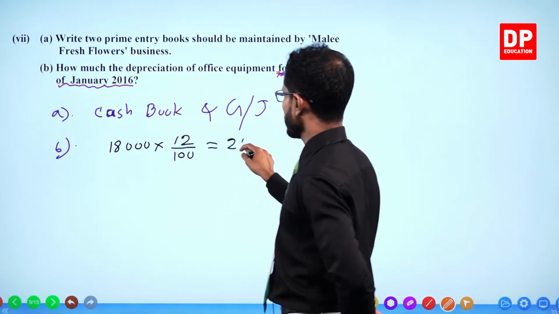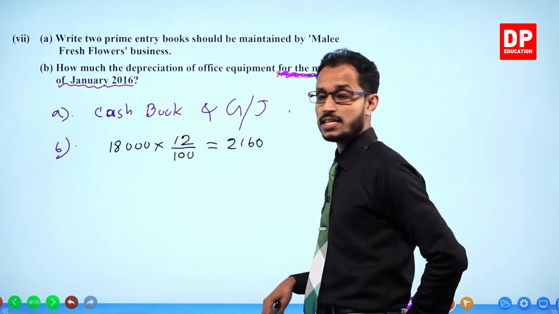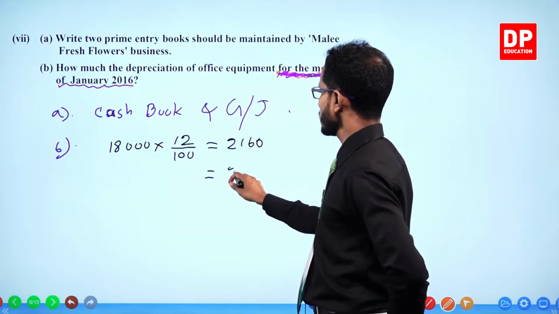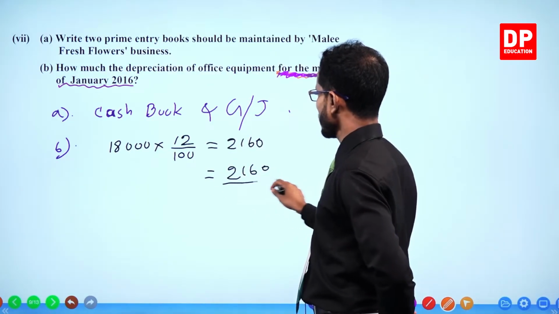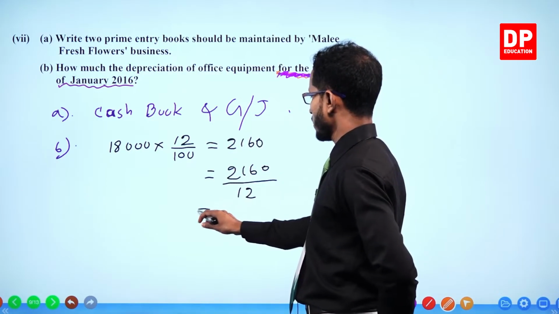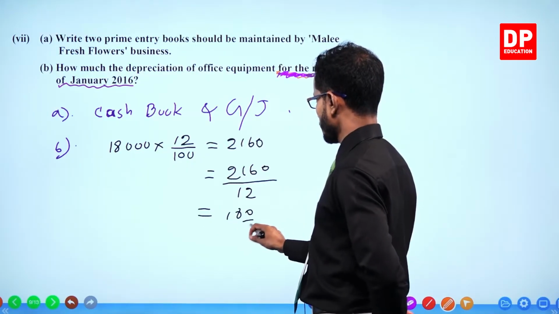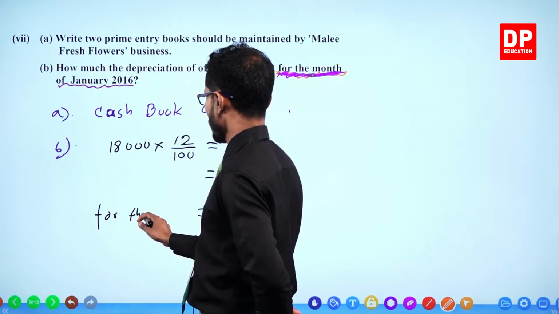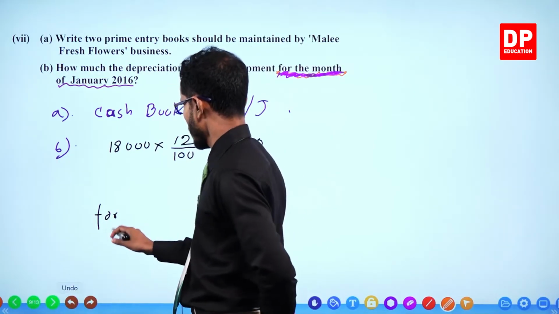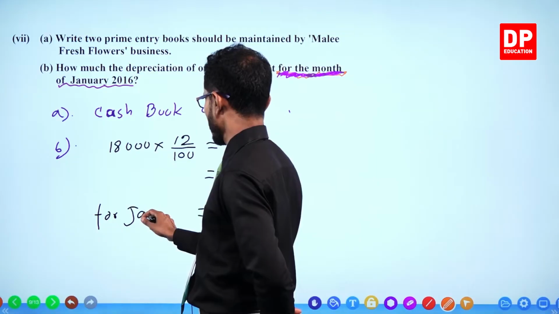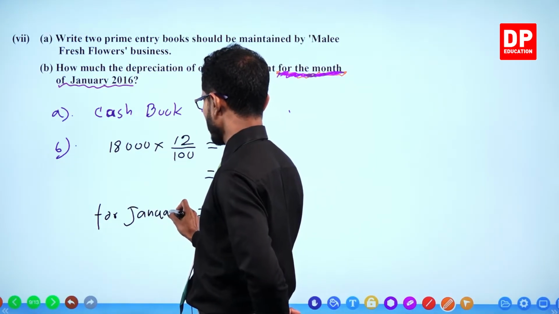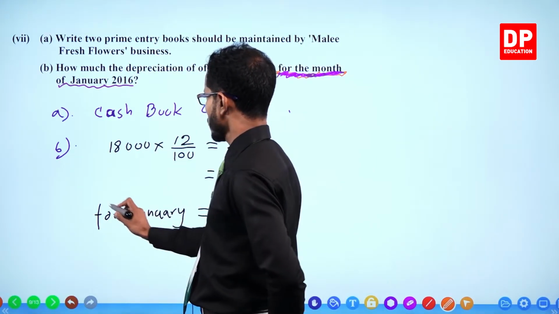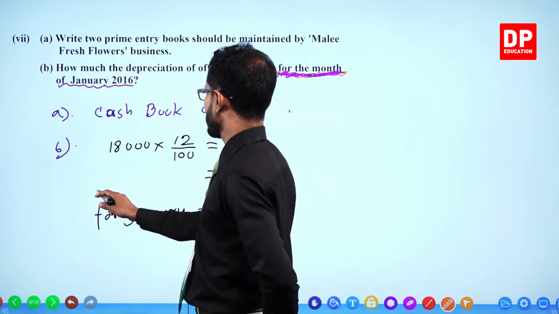Answer is 2160. This divided by 12 is 180 for the month, for January, depreciation.